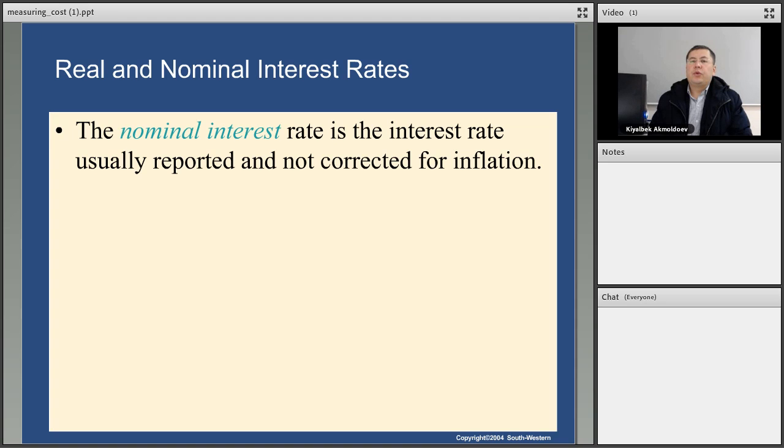So it means your income increased by 10%, inflation increased by 15%. In this case, what happens? Inflation is just eating your purchasing power.